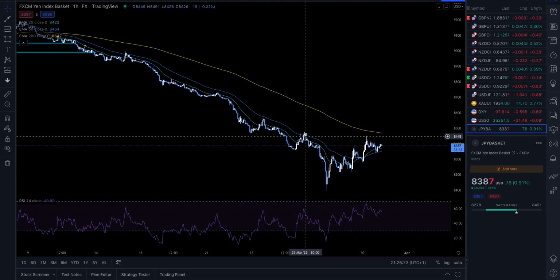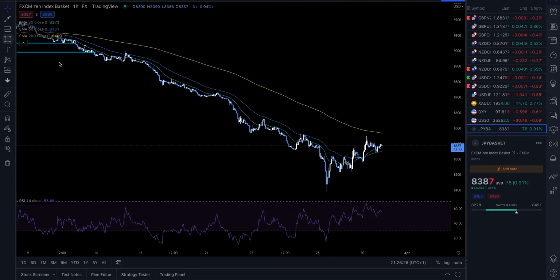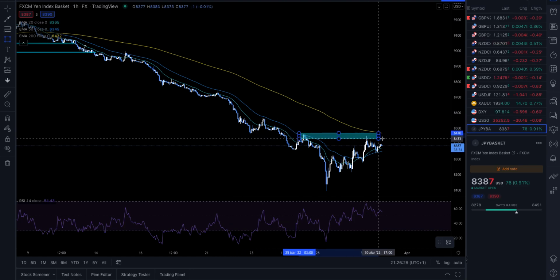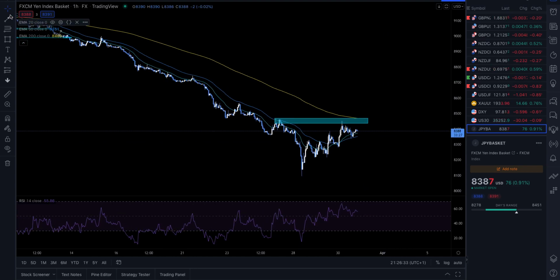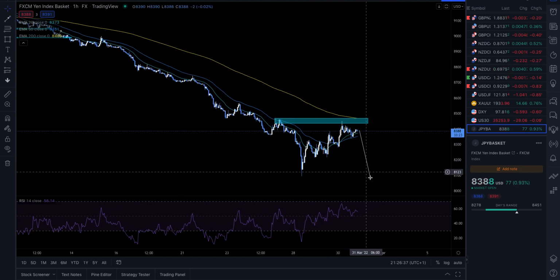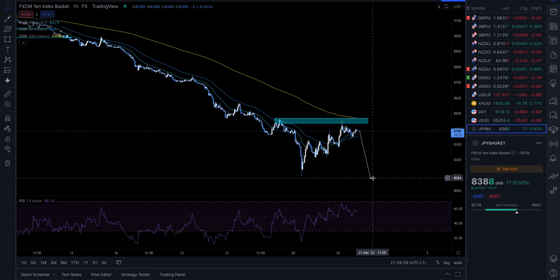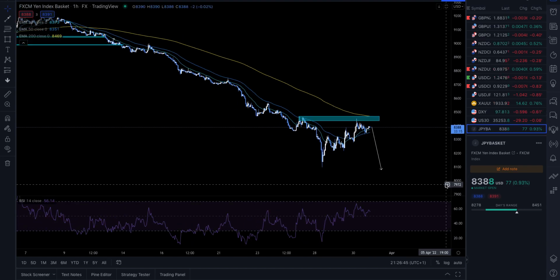However, until we break past this last most significant high, we're not actually in an uptrend. We're still very much in this downtrend, because this in itself is acting as a ceiling. So it's very likely, from the way price has been playing out, to create another leg lower and for the JPY to weaken. And with the JPY weakening, this would obviously coincide nicely with GBPJPY rising.